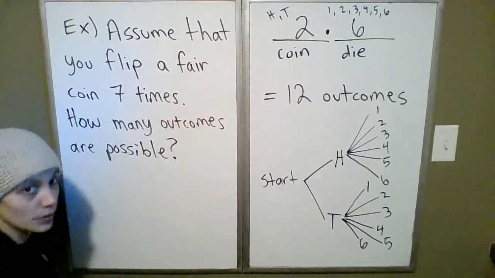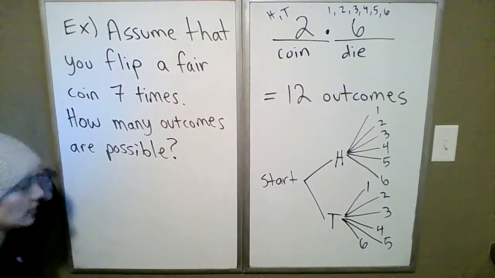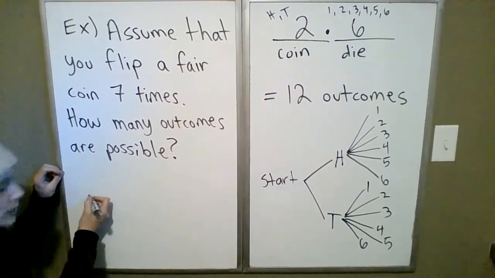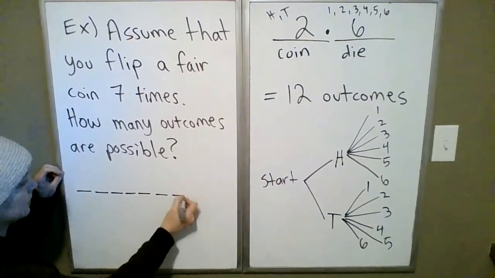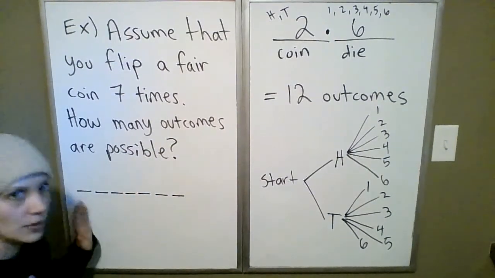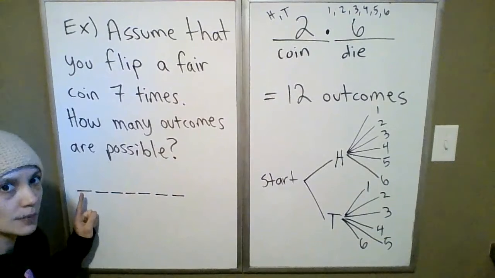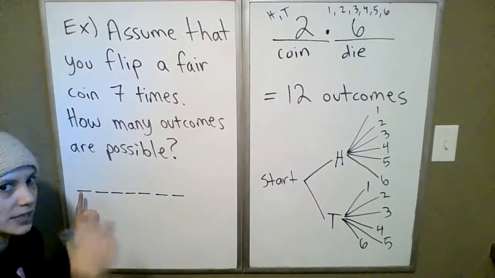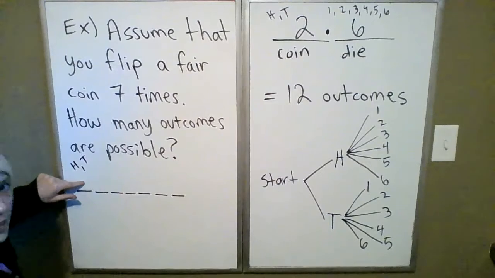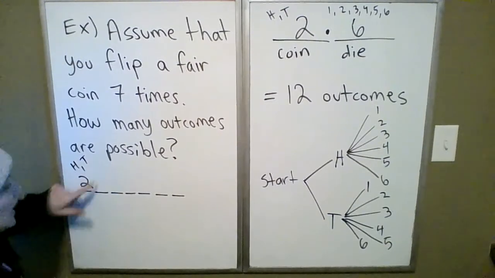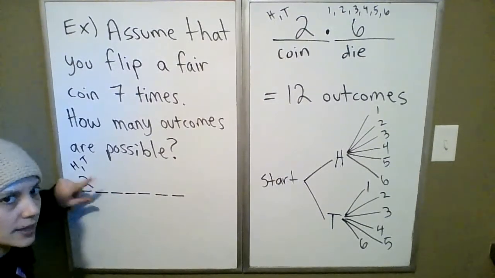I'm going to do 7 trials, and so I'll have 7 placeholders. On the first trial, I have a flip, which is a choice between heads or tails. So 2 choices. And then here is another coin, heads or tails.